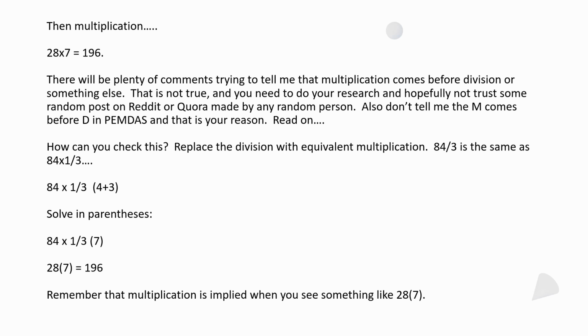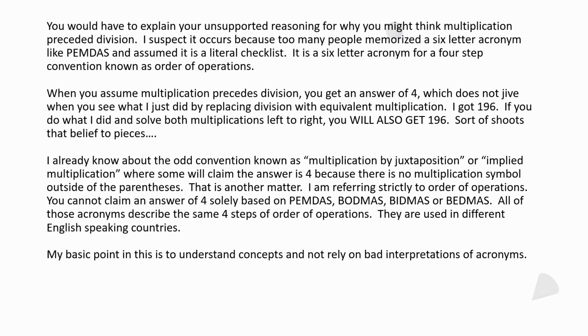You solve inside the parentheses, you're going to have the 7, and then you're going to have 84 times a third times 7. So you're going to have 28 times 7 is 196. And again, remember, multiplication is always implied. When you see something like 28 next to a 7 in parentheses, they're implying multiplication between those two numbers.